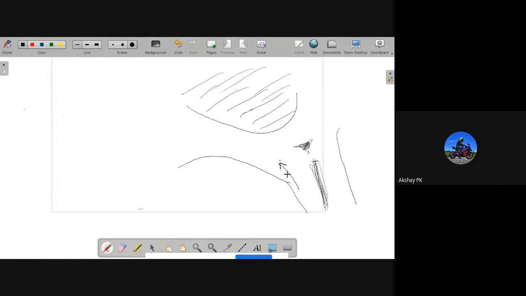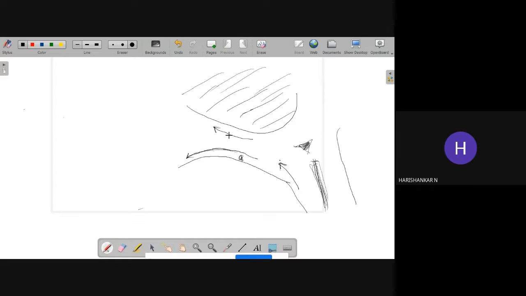So a certain number of vehicles will move like this. Okay, so let me take the number of vehicles moving like this as A. And certain vehicles, what they will do, they simply weave to the direction like this.